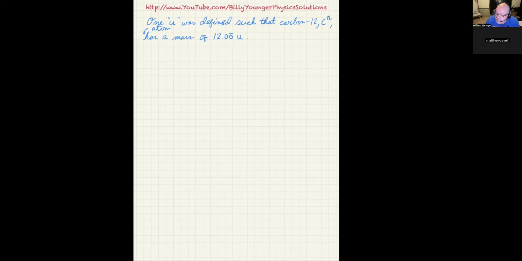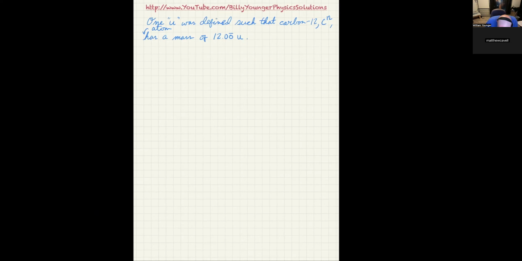Okay. Now, if you think about that, and you realize that, for instance, hydrogen has a mass of 1.007 grams per mole, then you might start thinking, well, maybe there's a relationship between them. And in fact, there is. So the fact that carbon 12, which weighs exactly 12 U, can tell us something about hydrogen. Now, the key to understanding this is realizing that if you look at the periodic table and you take that mass, for instance, H being 1.007294 or whatever.